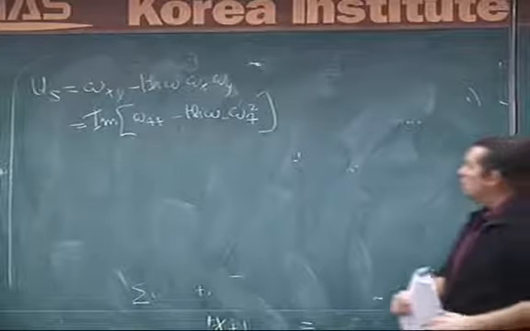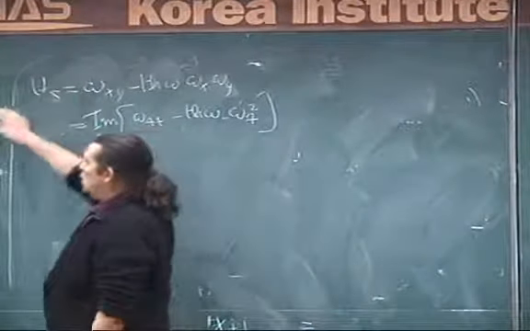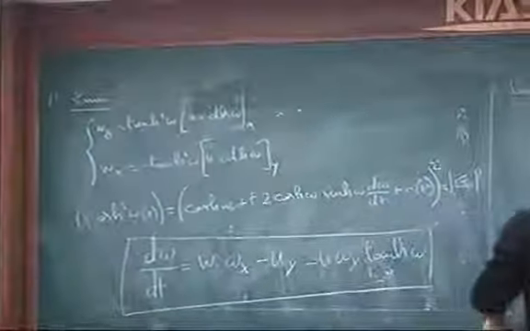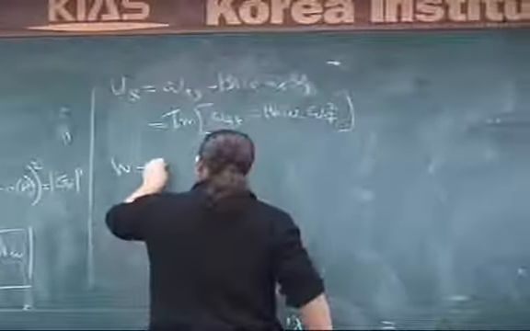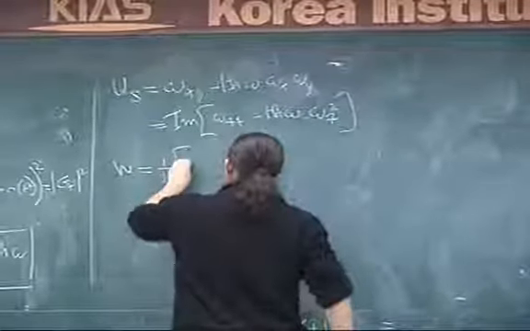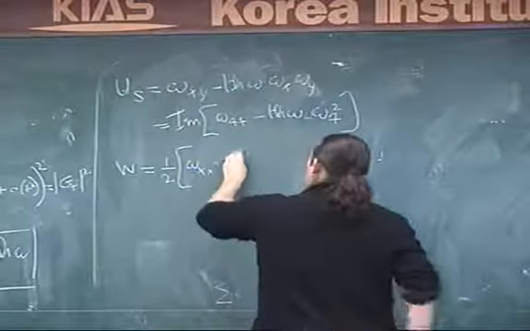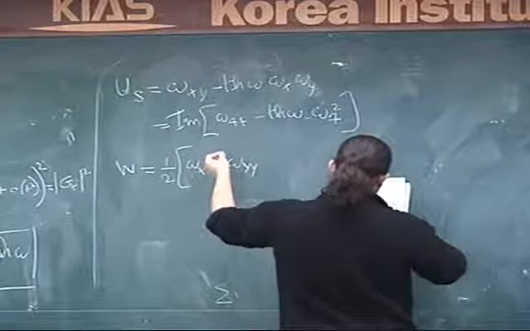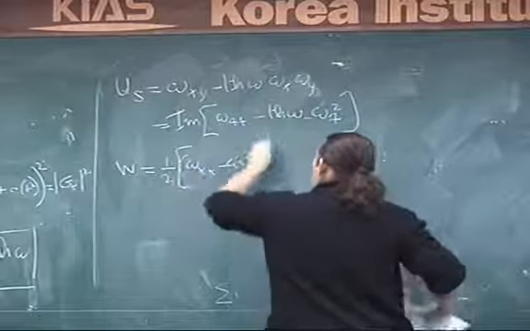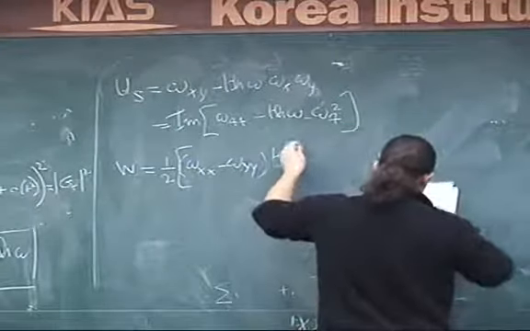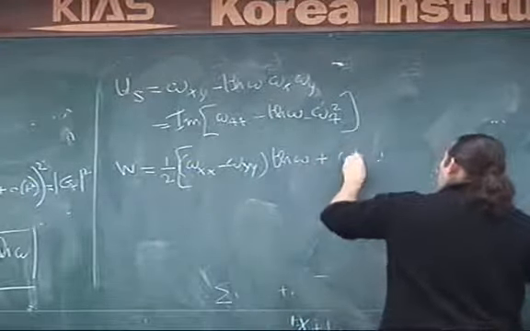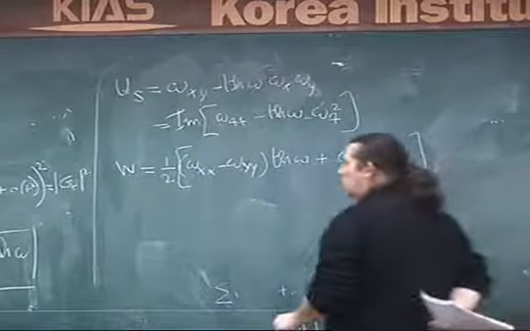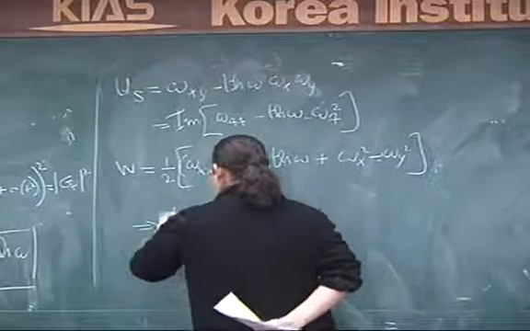And when you put u in this formula, you integrate, you have w, which is omega xx minus omega yy, something like that, tangente hyperbolique omega plus omega x square minus omega y square, and then you have d omega tt.